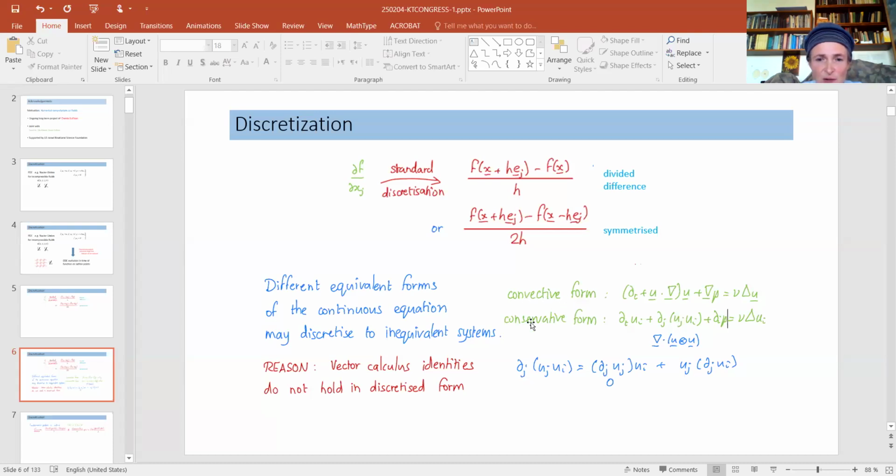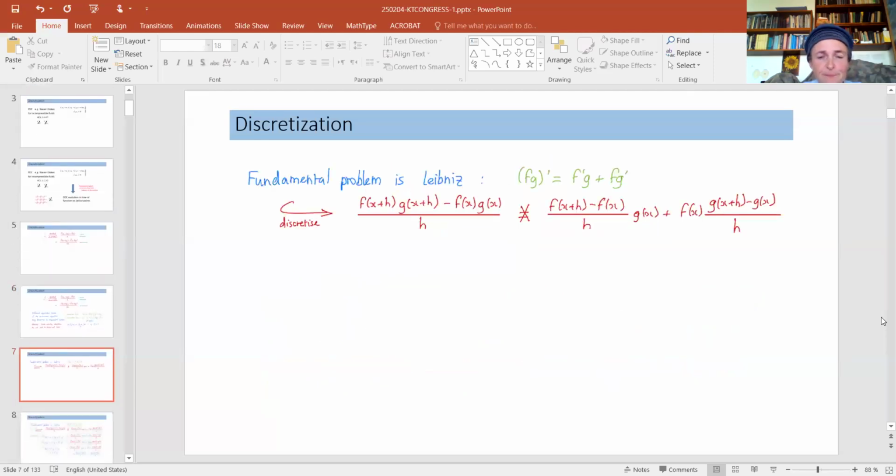One's known as the convective form, the other's known as the conservative form. Details don't really matter. The point is that they are equivalent via some vector analysis identity. And at the bottom of the vector analysis identity is the formula for differentiating a product, in other words, Leibniz. Leibniz will hold in a continuum setting, but not in a discretized setting, and that's the core of the problem.